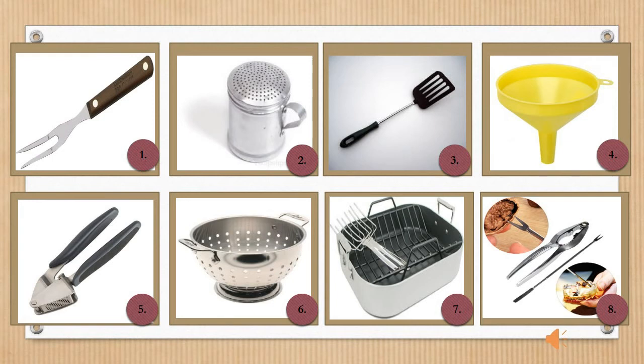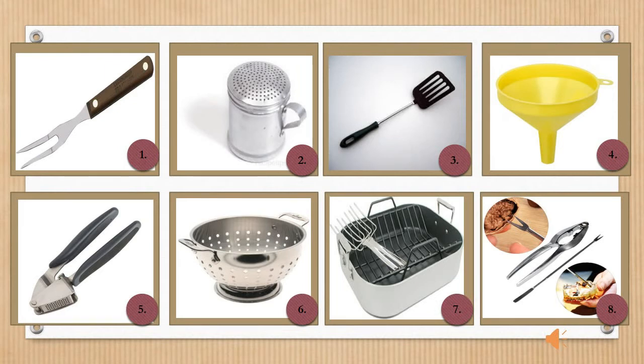Number 3, flipper: the word commonly refers to a turner used to lift and flip food items during cooking, such as pancakes and fillets. Number 4, funnel: a kitchen utensil that is used to pour liquids or small grain ingredients from one source into another.